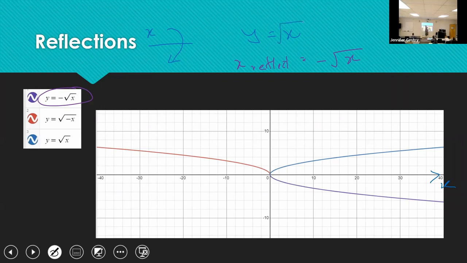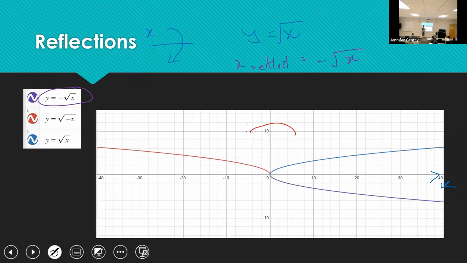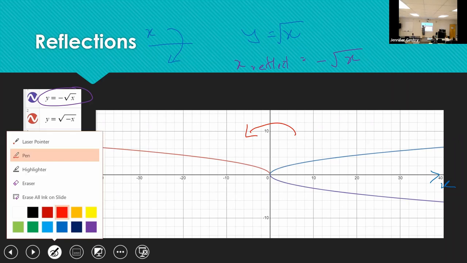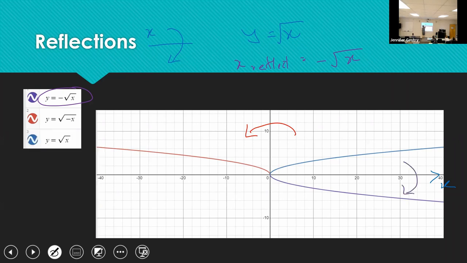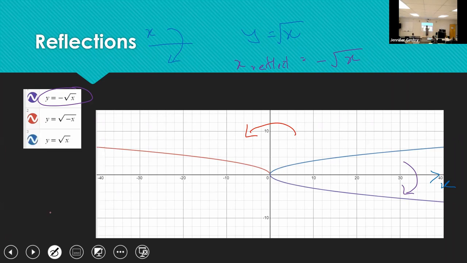Where's this x? Outside the radical, right? Where's that one at? Inside the radical, okay? So the one associated with the x is the y-axis, okay? Kind of backwards of what we just did. Again, this is associated with the y, this is going to be the x-axis, okay?